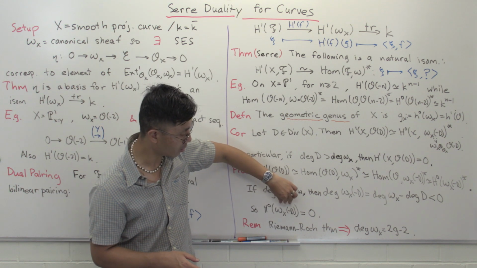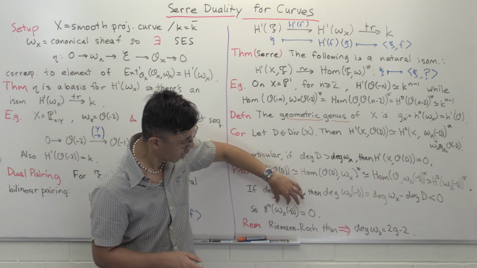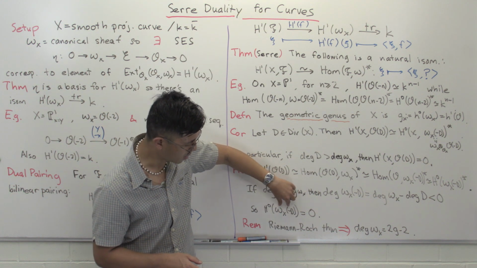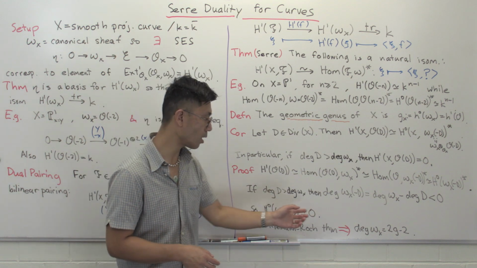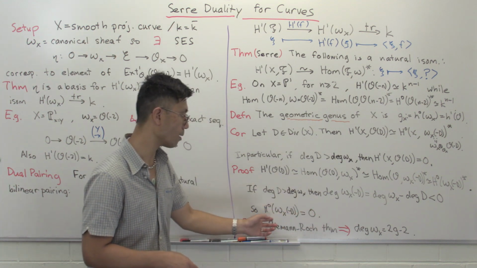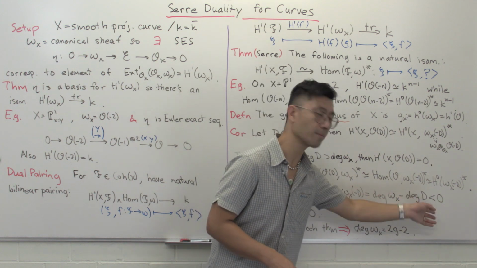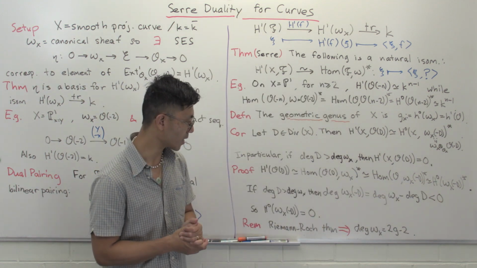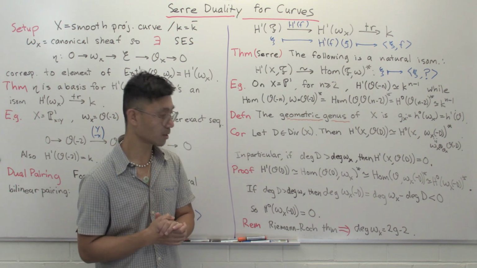So the O of those divisors are isomorphic to this invertible sheaf here. But the degree is negative, and the degree of an effective divisor can't be negative. So H0 is zero, and that completes this corollary.